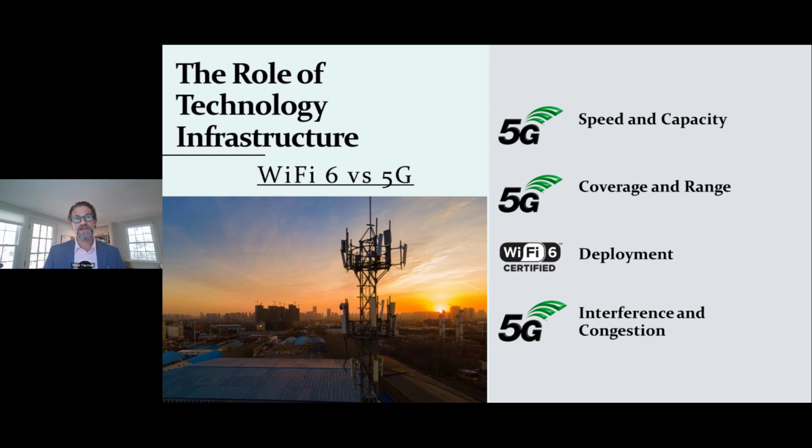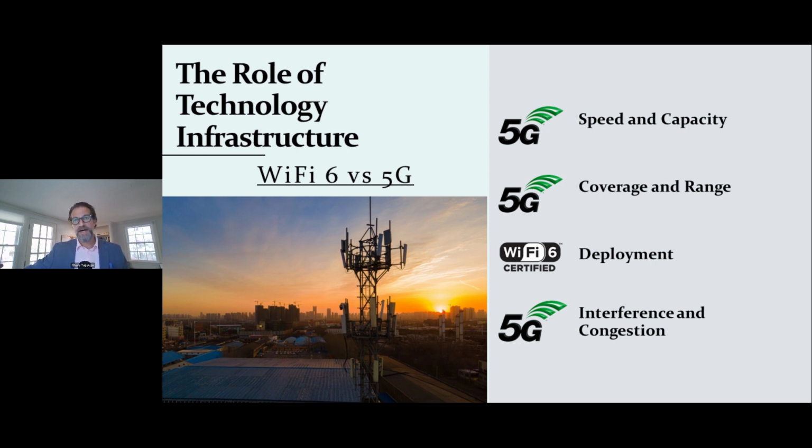If we're looking at the comparison of speed and capacity, Wi-Fi 6 offers speeds currently of 9.6 gigabits per second. And it employs a technology called OFDMA. It also utilizes multi-user MIMO, which handles multiple devices simultaneously, and also enhances overall network capacity. 5G is much faster than Wi-Fi 6 because it reaches peak speeds of 20 gigabits per second.